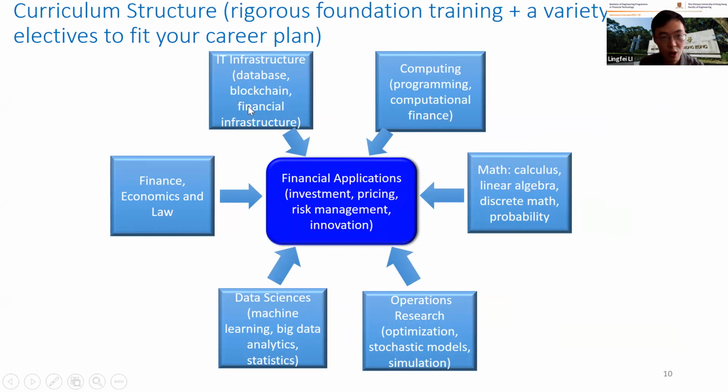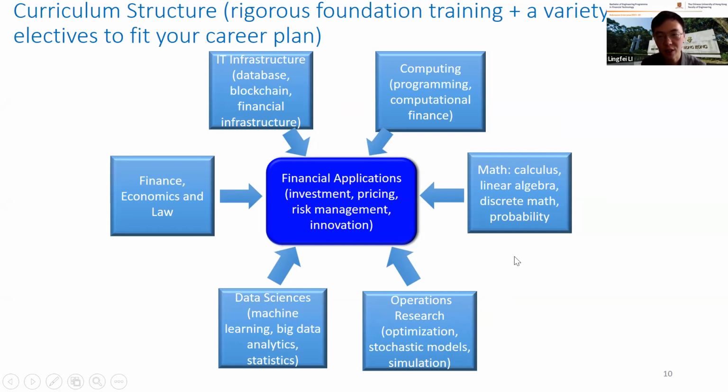And then we also provide students with solid training in IT infrastructure, like database, blockchain, financial infrastructure. There are specific courses on these topics. We also offer data science courses about machine learning, big data, statistics, and also some courses which we categorize as operations research. So this is about optimization, stochastic modeling, and simulation.